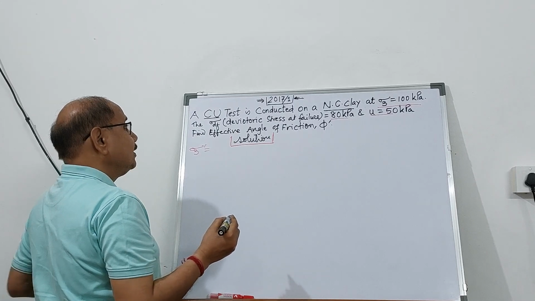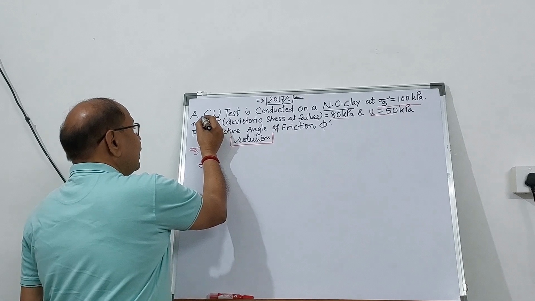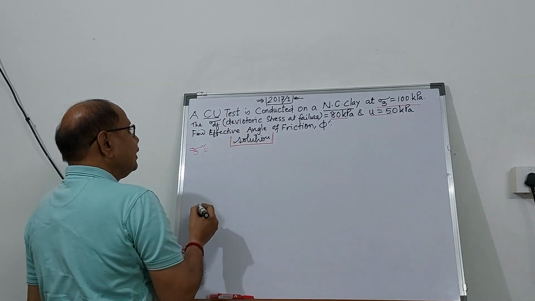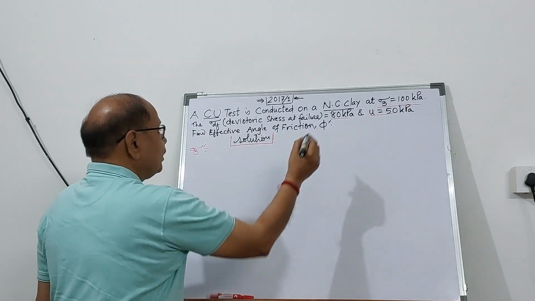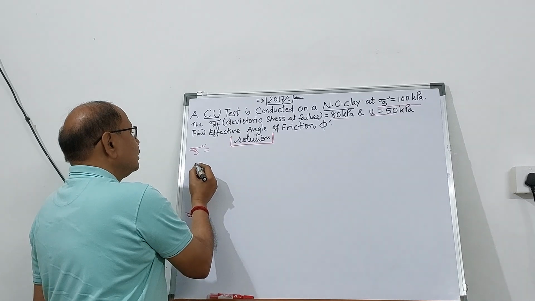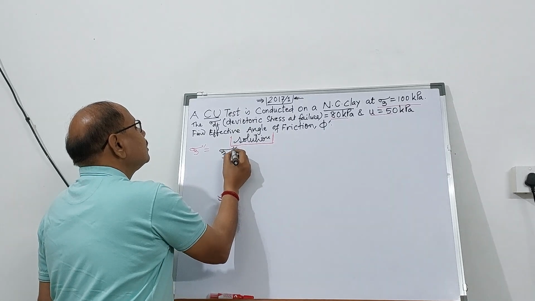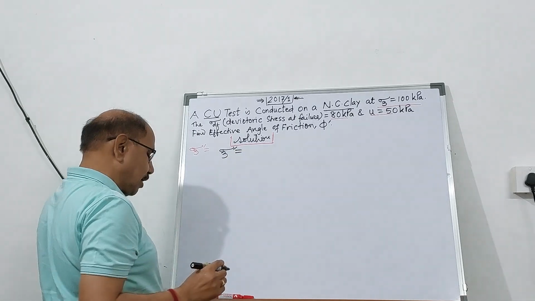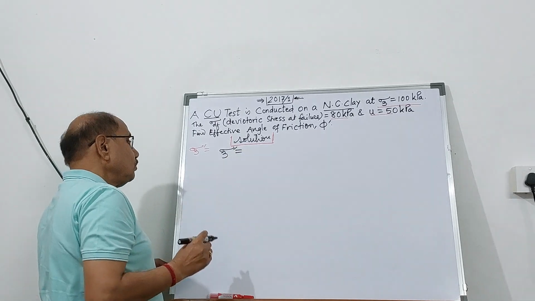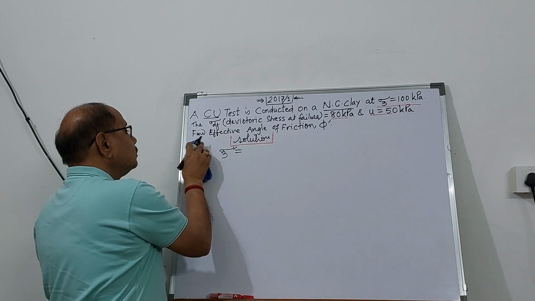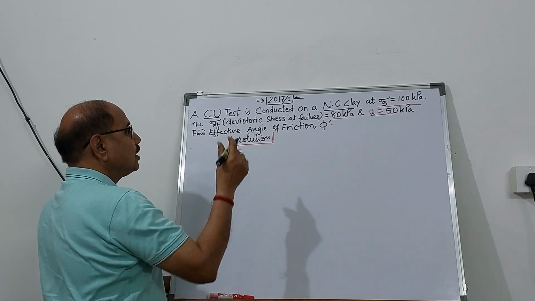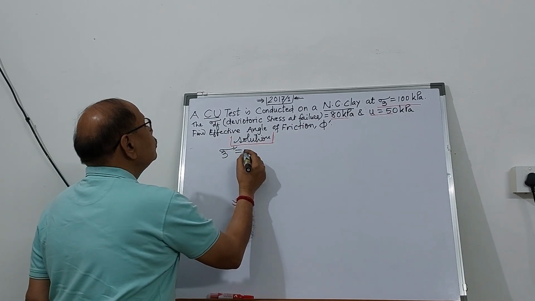So naturally, when you conduct a consolidated undrained test with measurement of pore water pressure, you can find out sigma 3 bar, because sigma 3 is already known to you.